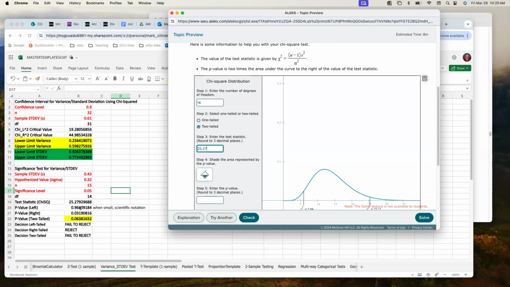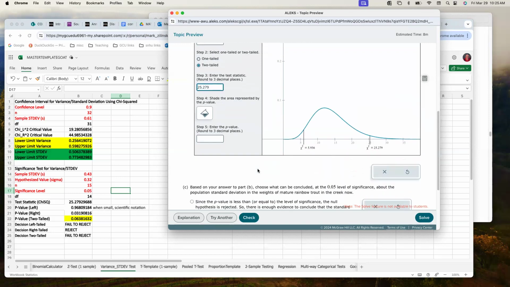If I round that, the third decimal place is a 9, so that's going to be a 9. All right, and here again, it's going to give me the complement of it. Where that is coming from is, in order to get this area to match this area, we figure out how far this is from the mean, and then we move over this much.